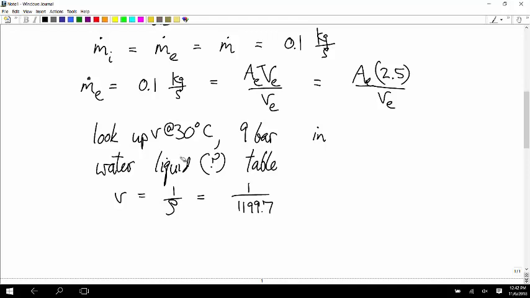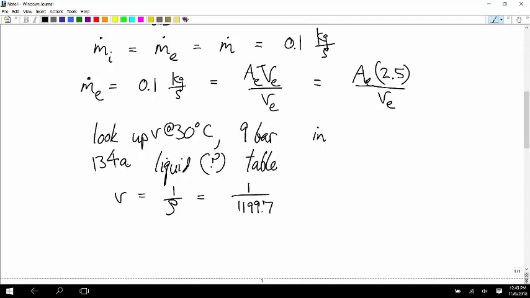It's in this long list of things that are going to be ironed out over the next couple of times I teach this class. So sorry about that. But you can almost always just Google refrigerant 134A liquid property table or something, and it'll come up from a million different sources, and you can find it that way.